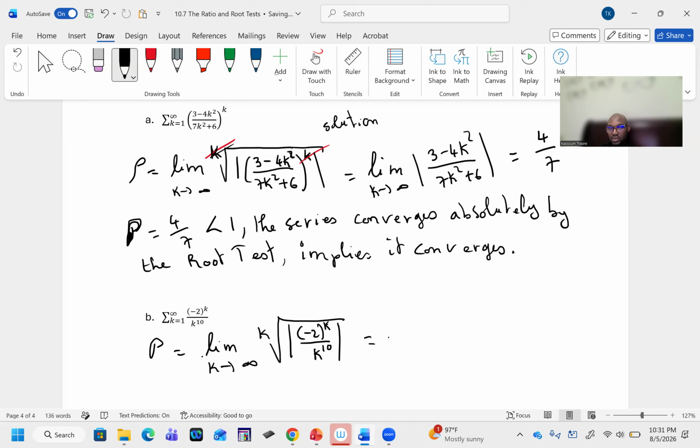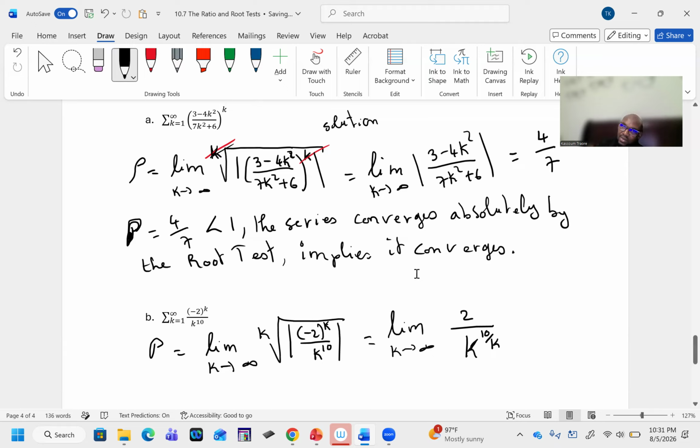Because of the absolute value, the k-th root and k cancel out, and it will leave 2 divided by k to the power of 10 divided by k. You see it?